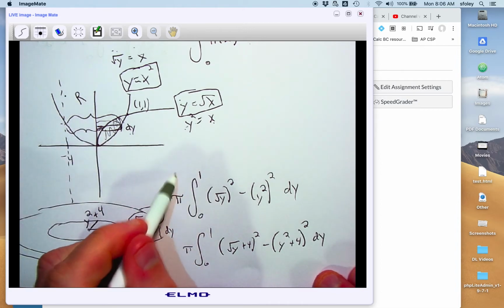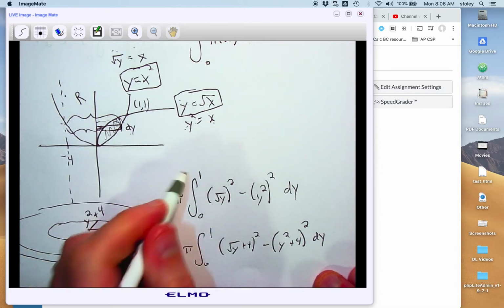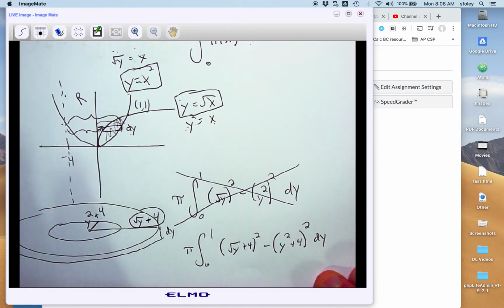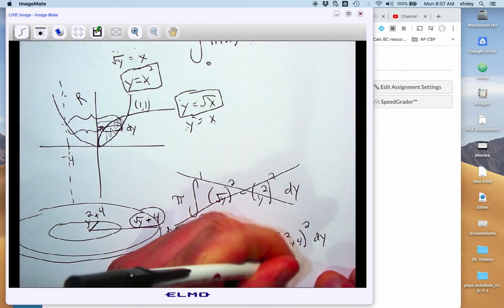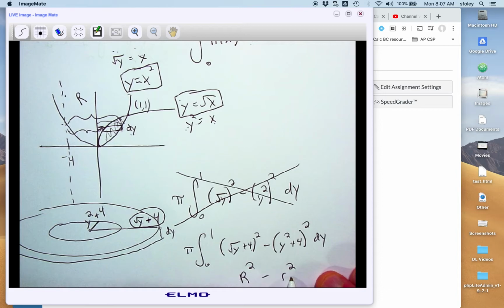This would be the formula if I was just revolving around the y-axis itself. But we want to go all the way over to negative 4. And so my outer radius is square root of y plus 4. I square that, and then I square that inner radius separately. It's always those two separate volume calculations, so you're squaring two things and then subtracting.